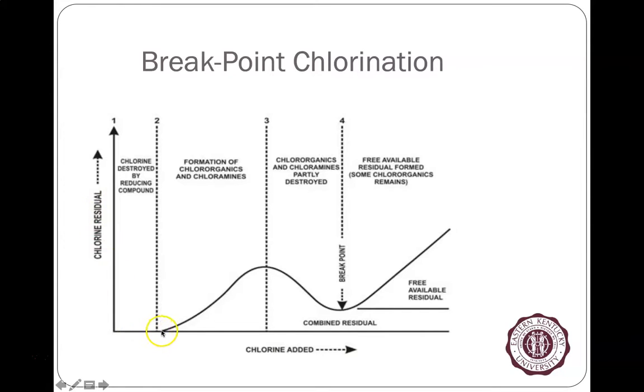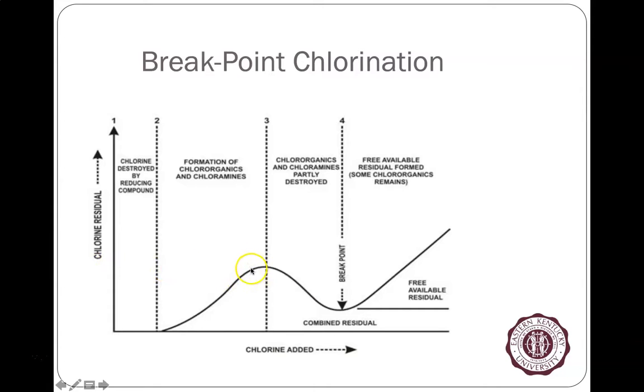But we keep adding a higher concentration of chlorine to that same water, and as more and more chlorine is added, we start to form chlororganics and chloramines. These are short-lived compounds that will also continue to react with other things. So as we continue to add them, we will see an increase in the amount of residual.